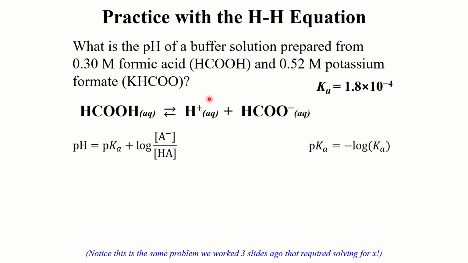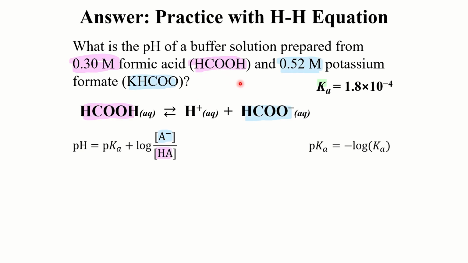So let's review how to use the HH, or the Henderson-Hasselbalch equation. So revisiting the problem we worked 3 slides ago, we're going to take our concentrations here and plug them in. So our initial weak acid concentration is 0.30. Our initial weak base concentration is 0.52.